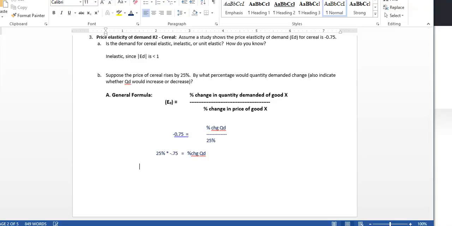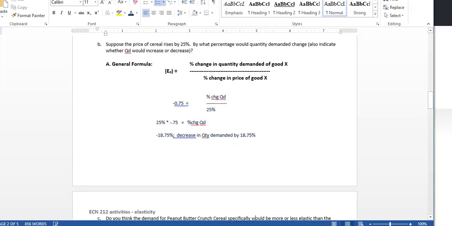So all we're doing is multiplying those numbers together, and our answer is negative 18.75%. In decimal form, 0.25 times negative 0.75 gives 0.1875, which is 18.75%. Negative means a decrease. So there's our answer for part B: a decrease in quantity demanded by 18.75%.